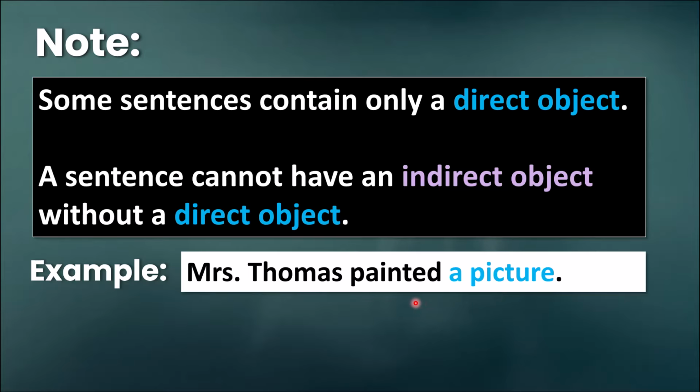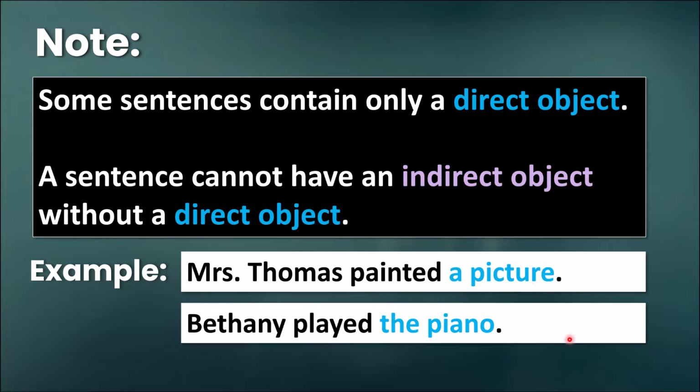What did she paint? She painted a picture. We know this is a direct object. Bethany played the piano. Again, what did Bethany play? She played the piano. So here are examples of sentences that only contain a direct object.